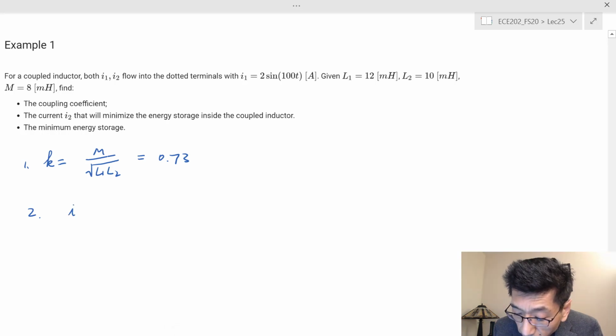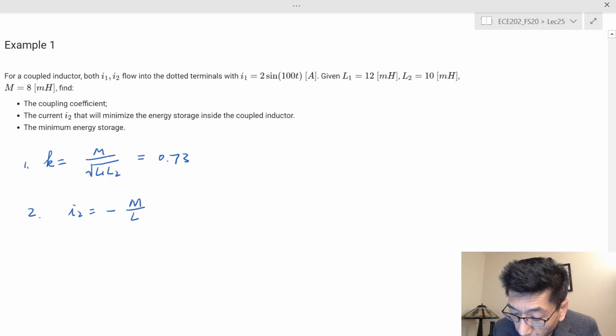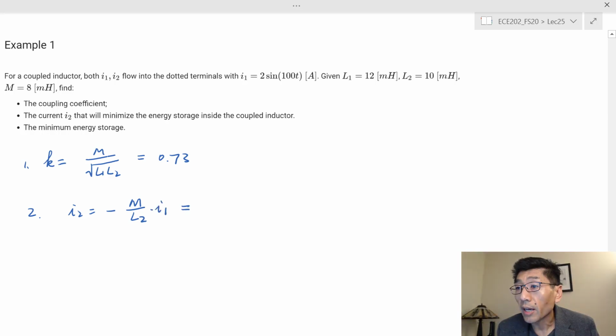And we know I2 should be equal to minus, because they both go into the dotted terminal, right? That's minus M over L2 times I1. And I also calculated this one here, that should be minus 1.6 sine 100t.